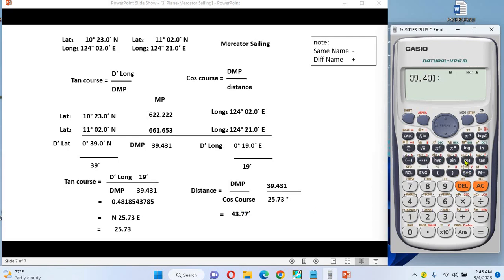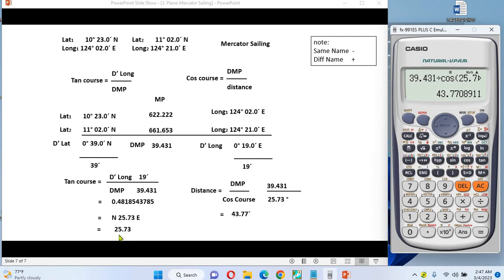The course is 25.73, because this is course, so it should be in degrees, and then close parenthesis, and then equals, and boom, yeah, there you go, 43.77. So the distance is 43.77.